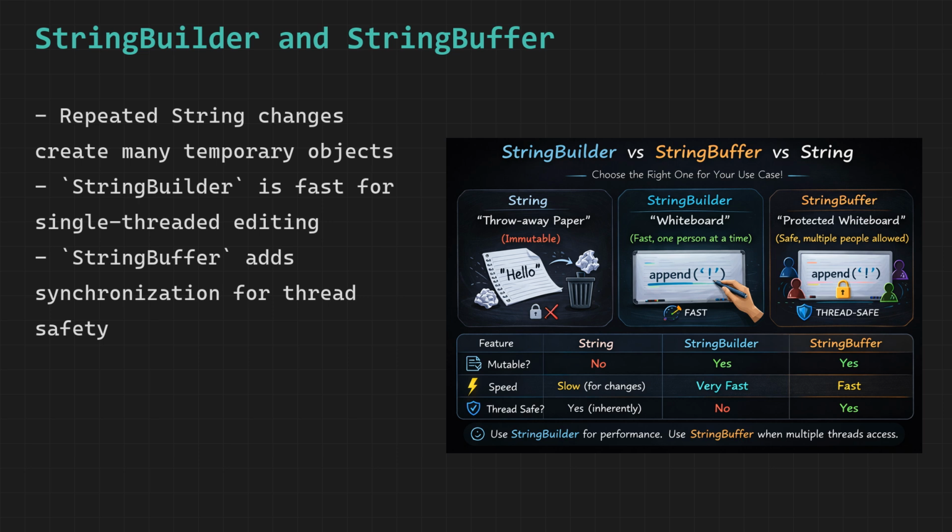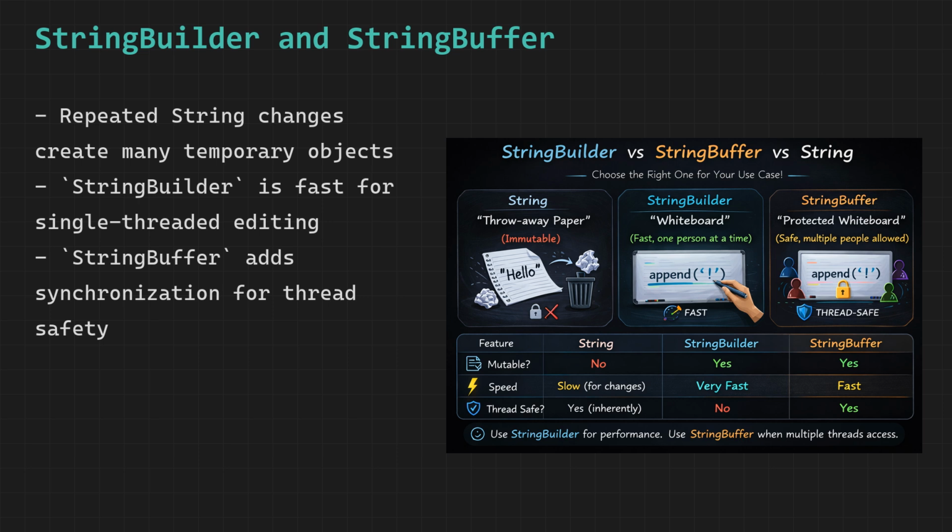String builder and string buffer work differently. Instead of creating a new object every time you make a change, they modify the same object in place. You are writing on the same page over and over again without ever throwing it away. This is much faster and uses far less memory, especially when you are making a large number of changes.